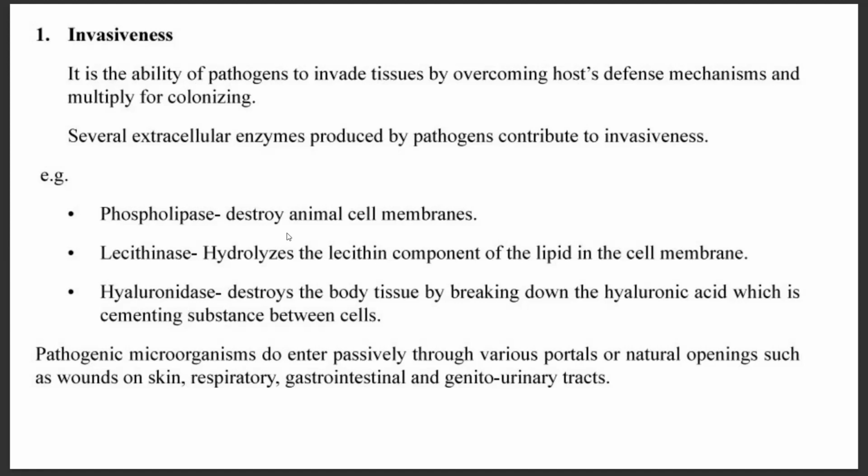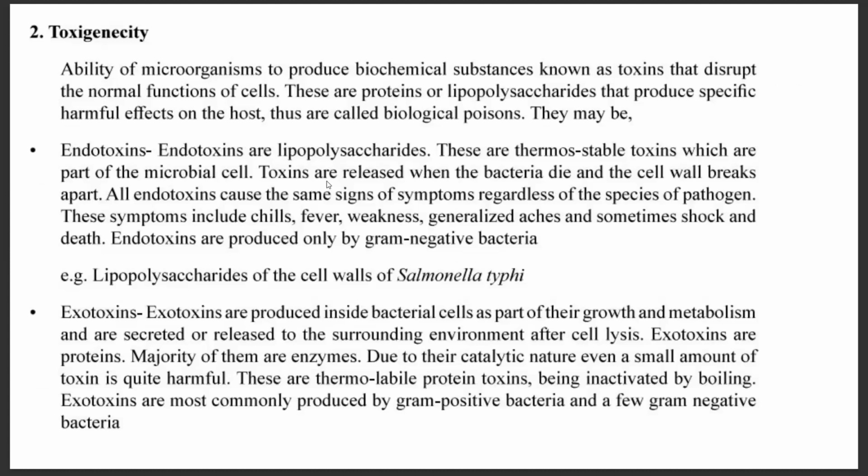So these pathogenic microorganisms enter passively through wounds on the skin, respiratory, gastrointestinal and genitourinary tracts. Right? They can come through wounds, through the respiratory tract, the digestive tract, and the genitourinary tracts. Right. Next one.